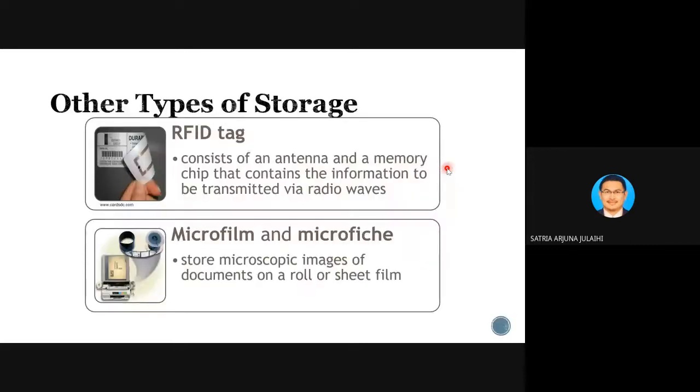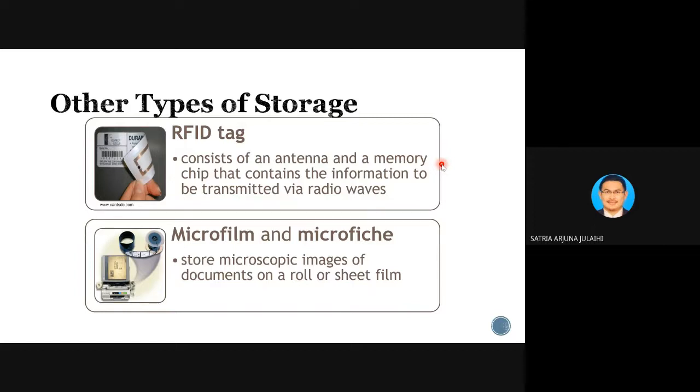Okay, so that is the end of chapter 4, which is storage devices. Just now we have seen the hard disk, and then the difference between hard disk drive and solid state drive.